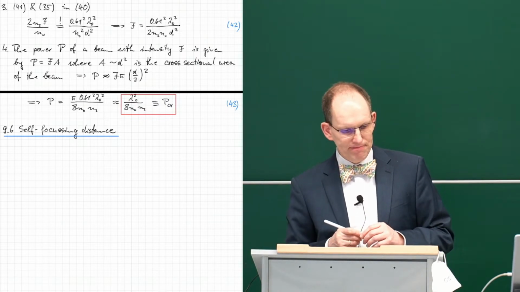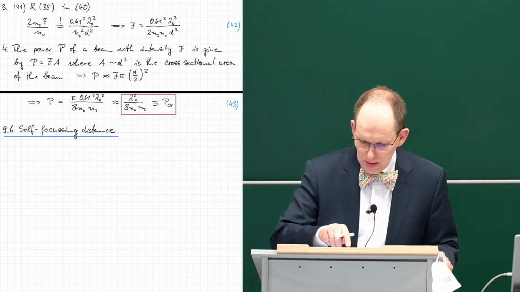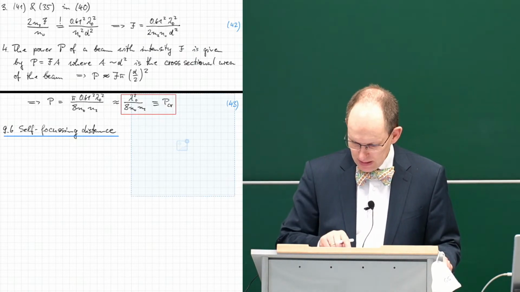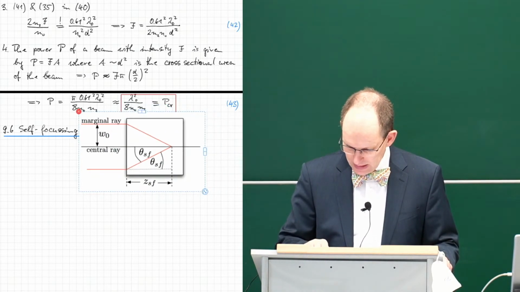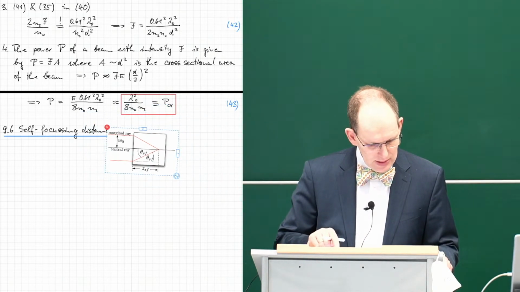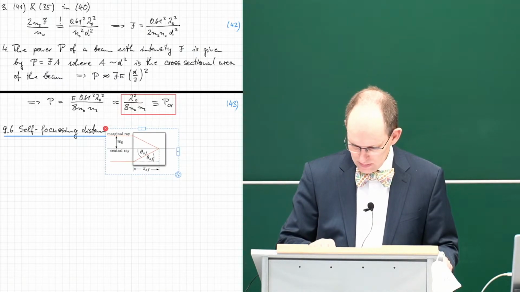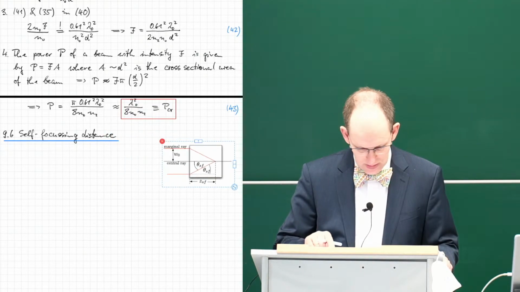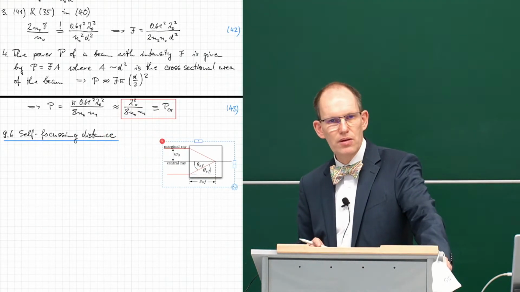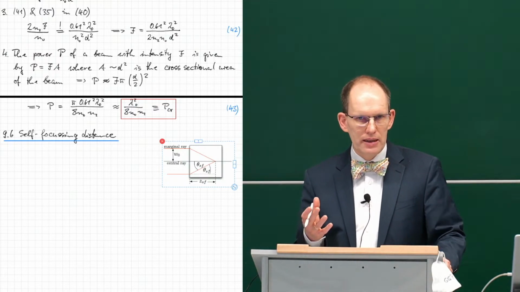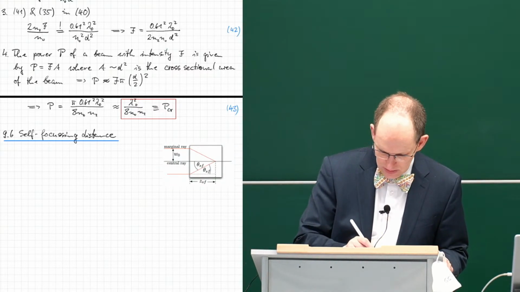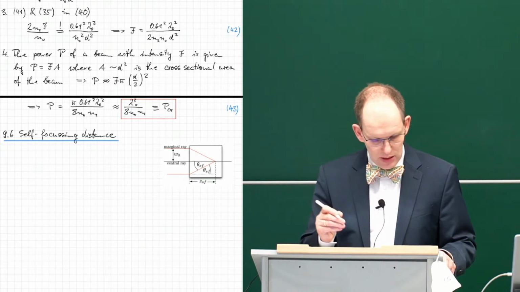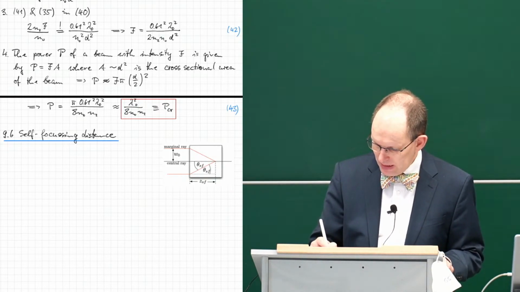Good. Well, if you look back to our figure, then you immediately get an idea what to do. So we can immediately derive or write down an estimate, at least, for the self-focusing distance. We just need to multiply the angle.